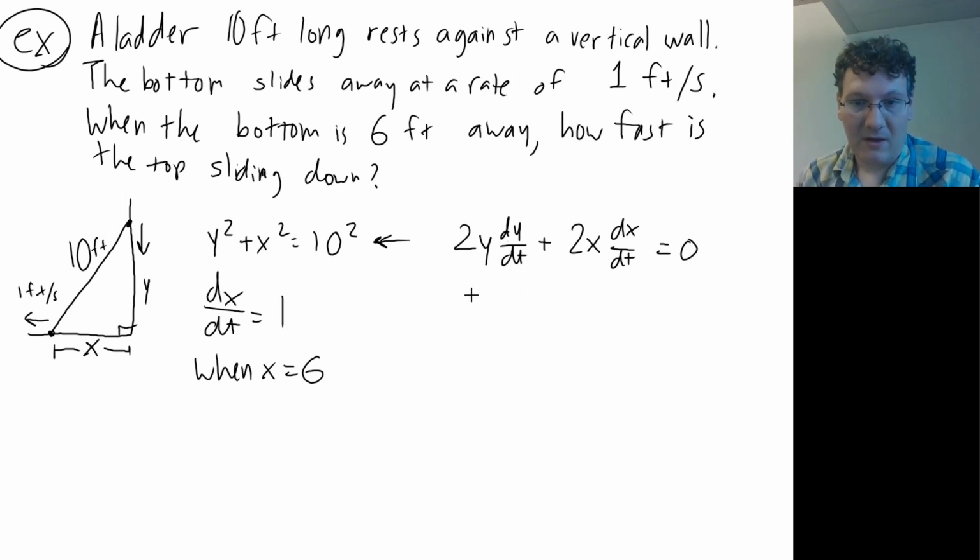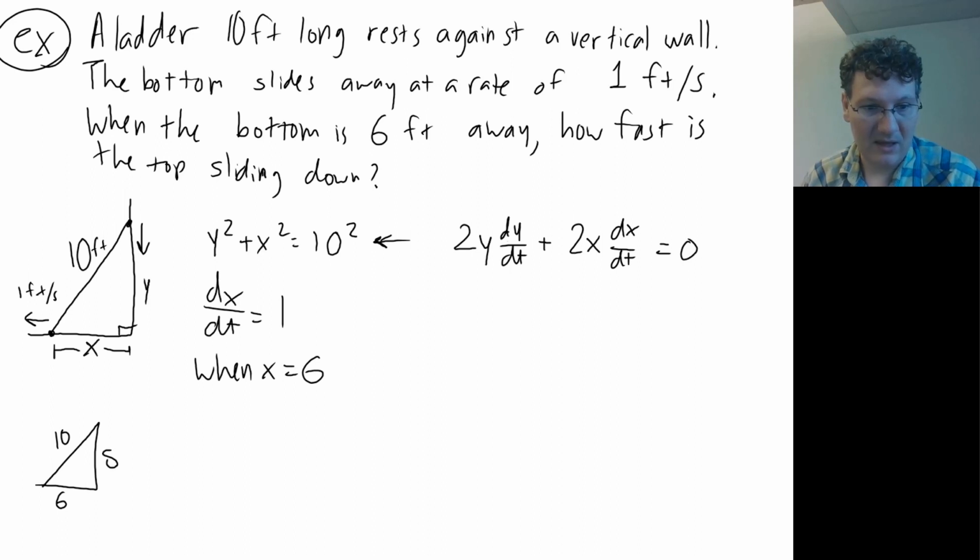We actually know when x is 6, we're going to have the triangle that is a 6, 10, and if you work this out, this is a special triangle. This is indeed going to be 8 feet on this side, right?